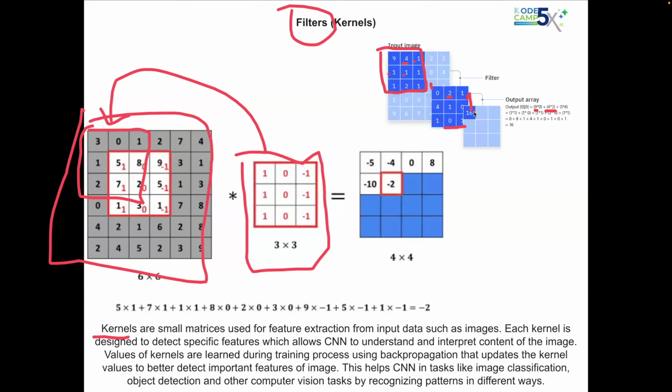Then after that, our output image becomes this. So you see, our output pixel becomes 16.